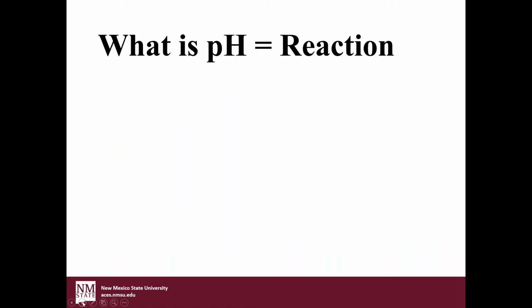So really, what is pH? A lot of places would tell you that it's soil reaction. So soil pH is soil reaction. Is it an acid, or is it a base? It's another terminology that people use.